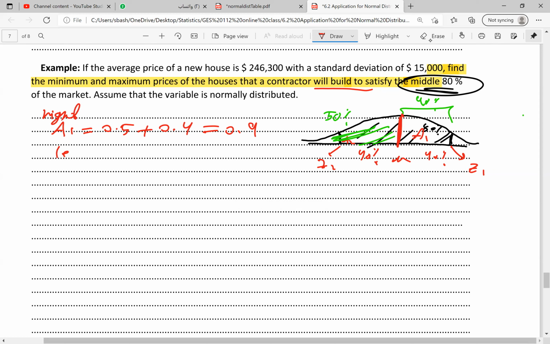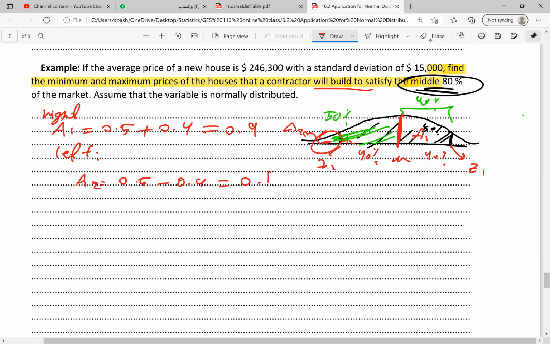Now the left one, it is left by 40%. So A2 is equal to 40% to the left. To find this one, we should subtract from 0.5. 0.5 minus 0.4, this will be A2 in the table, which is equal to 0.1.